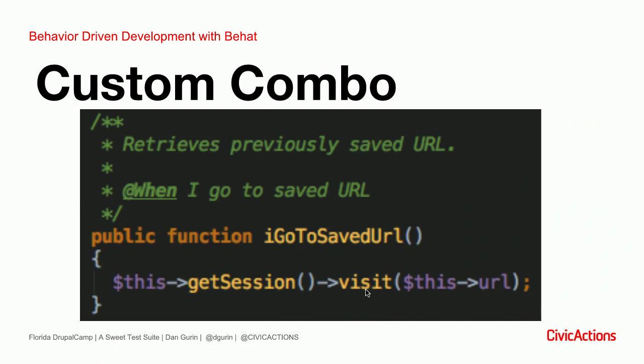So here we're visiting this URL. I used this in a case where I was creating a content item, and I wanted to come back to it later, logged in as a different user, but I wasn't sure what the node ID was going to be. So I just saved it and was able to come back to it later without trying to guess and probably being wrong.